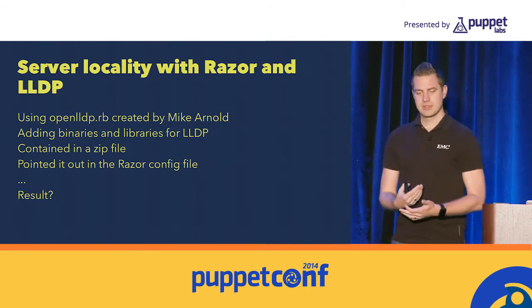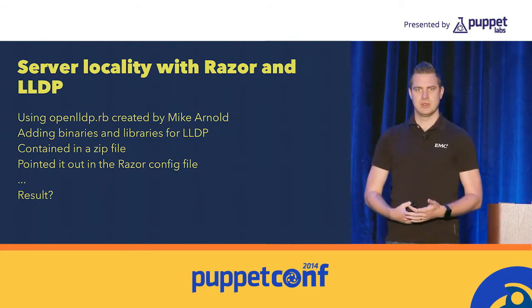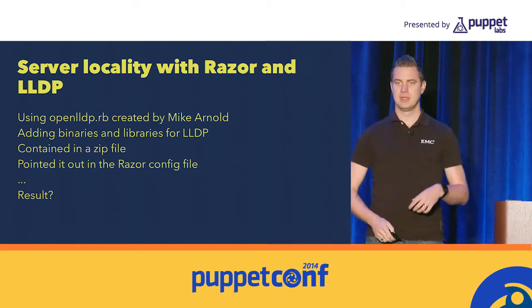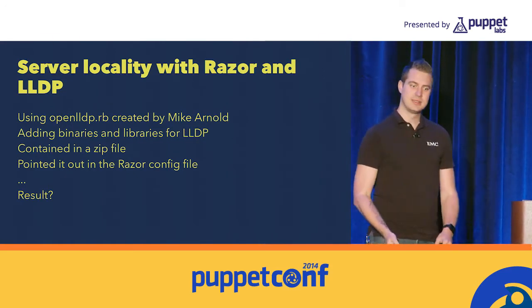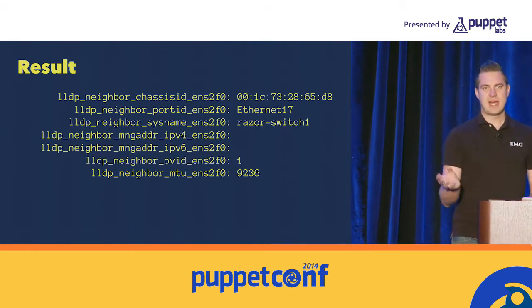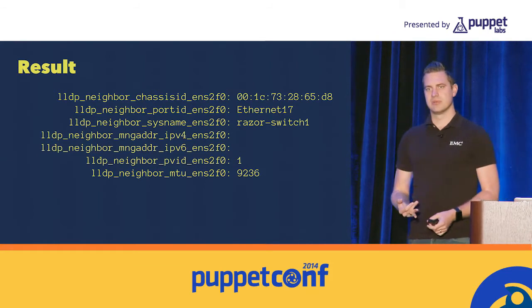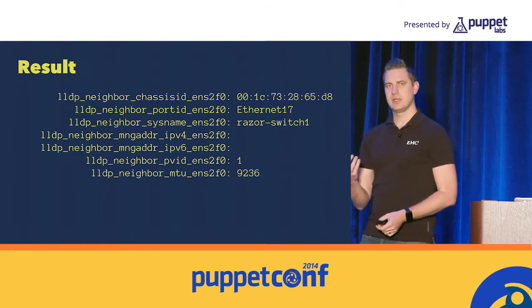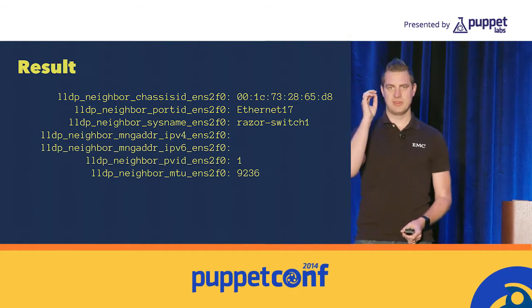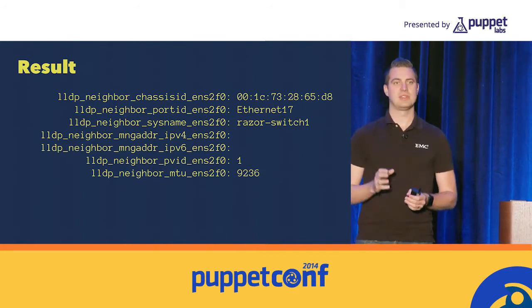So I've added the binaries and libraries and everything, the Ruby script to get the facts, put it in a zip file, pointed it out, and the result I got was this. So the facts that I now get from all my servers actually contain all the information I need to see where physically in a rack I have a server.